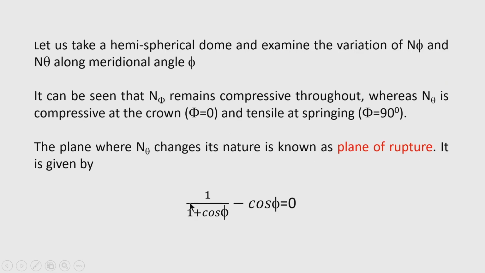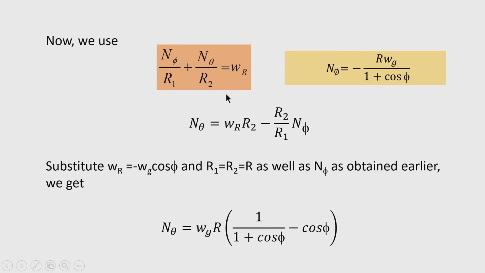Now, let us take a hemispherical dome and examine the variation of n phi and n theta along the meridional angle phi. We already noted that n phi, the meridional stress, is always compressive for any value of phi.